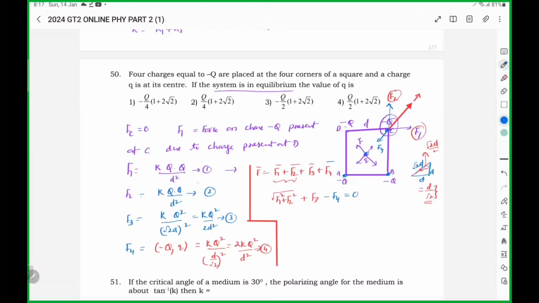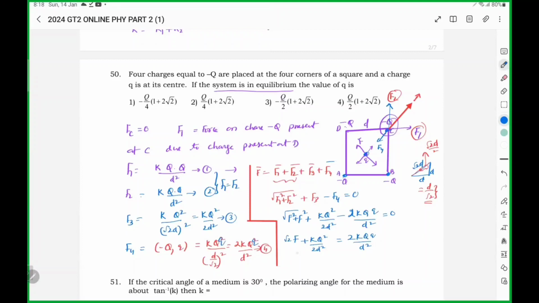So F1 square plus F2 square, both are equal in magnitude. So F1 is F2 numerically, that is F square plus F square. F3 is KQ square by 2D square. It is root 2F. The F4 will be 2KQ square by D square is equal to 0. Plus KQ square by 2D square is 2KQ square by D square.